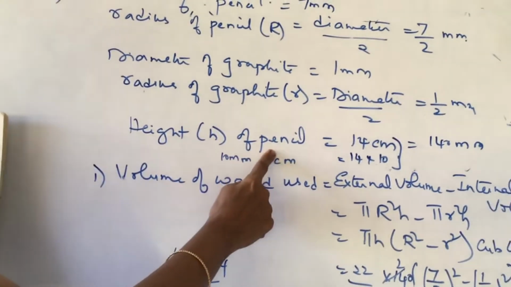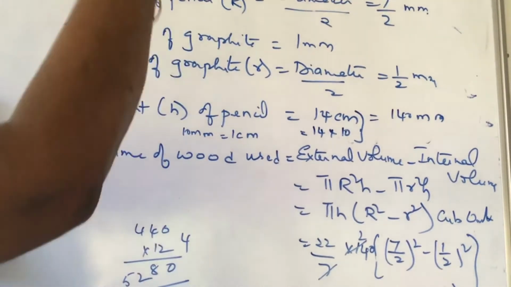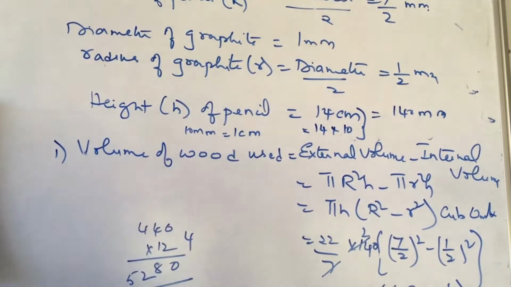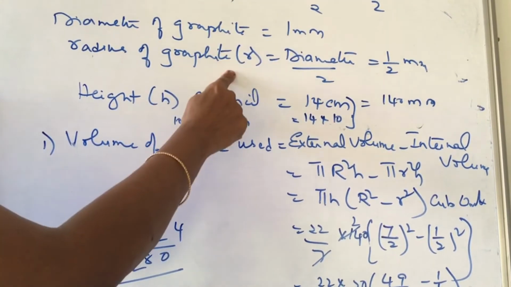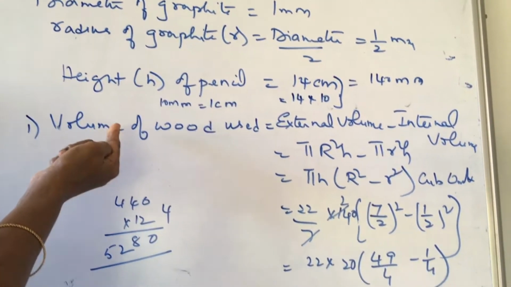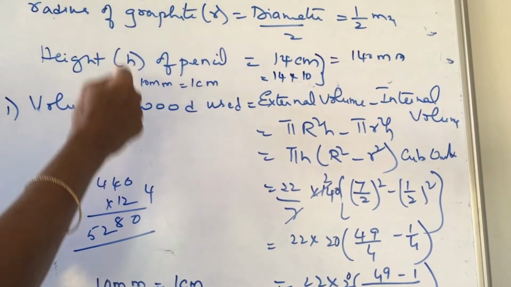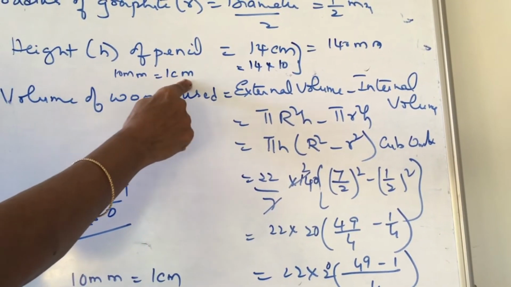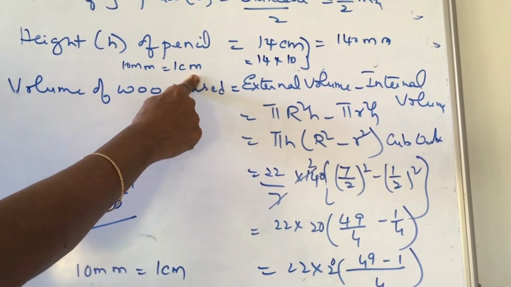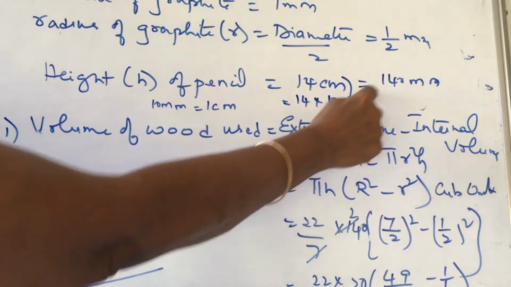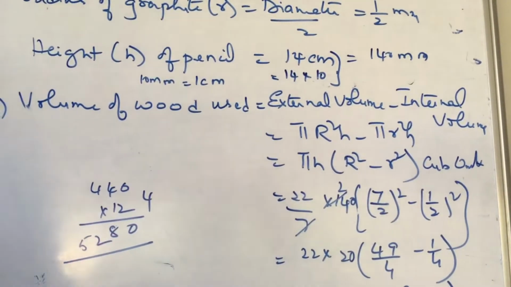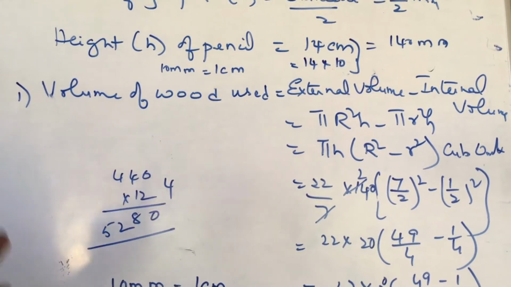The length of the pencil is called the height of the pencil. Since the radius is in millimeters, your height also must be in millimeters. 10 millimeters is equal to 1 centimeter. Centimeters to millimeters, multiply by 10: 140 millimeters.